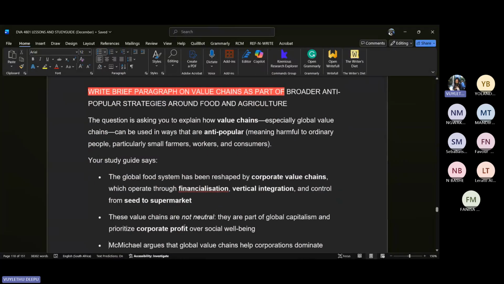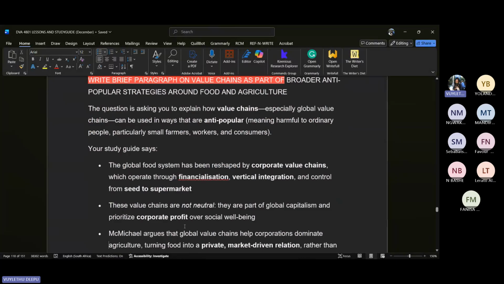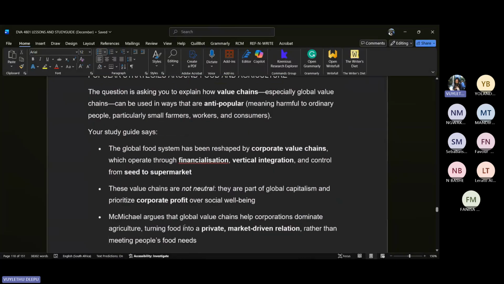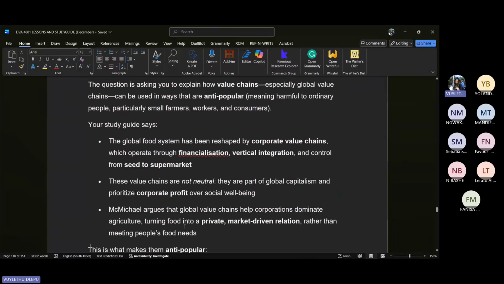Our study guide says that the global food system has been reshaped by corporate value chains, which operate through financialization, vertical integration, and control from seed to supermarket. These value chains are not neutral. They are part of global capitalism and prioritize corporate profit over social well-being.